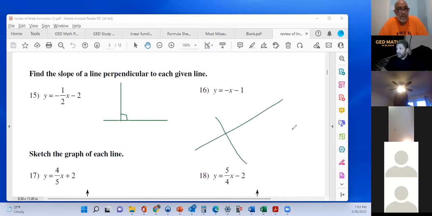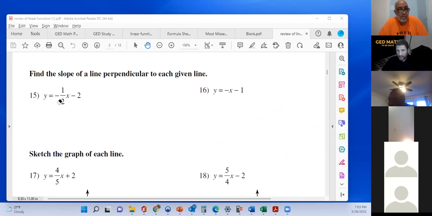These two lines intersect. These two lines intersect. Perpendicular lines are two lines that intersect and form a 90-degree angle. They form an L. Does everybody understand that? Okay, good. Let me clear it.